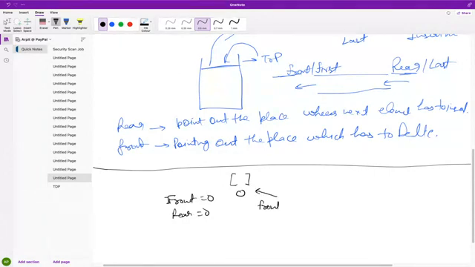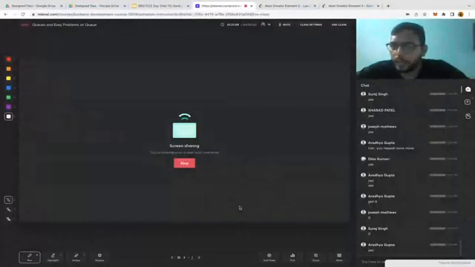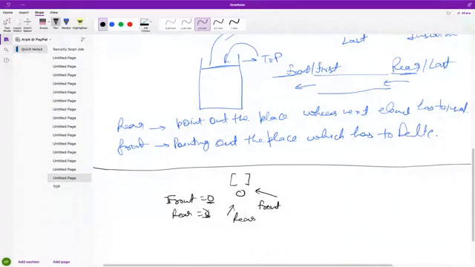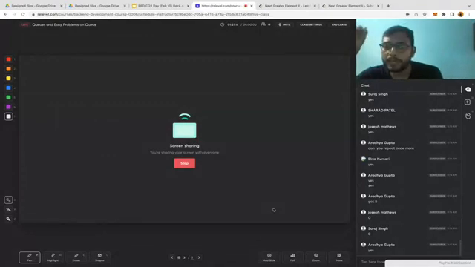Whenever I say pointing, it means they are going to have the index value. So from now I will simply say front is pointing here, rear is pointing here, and everyone will understand they keep the index values.